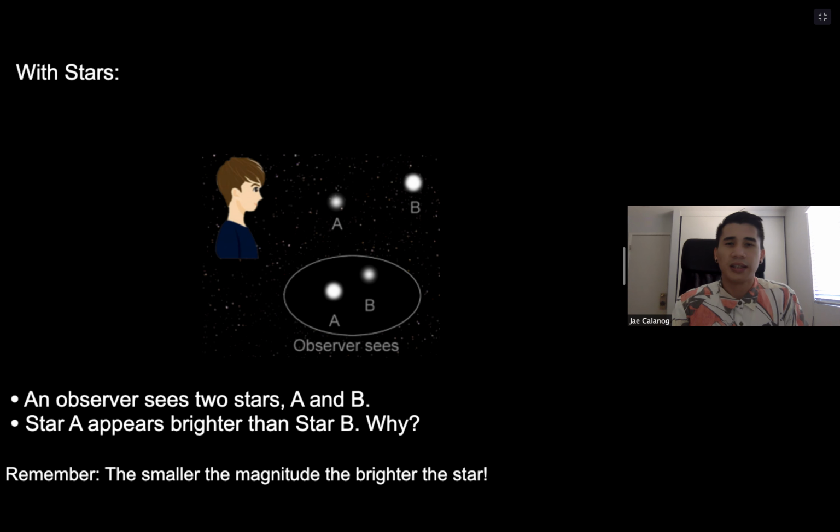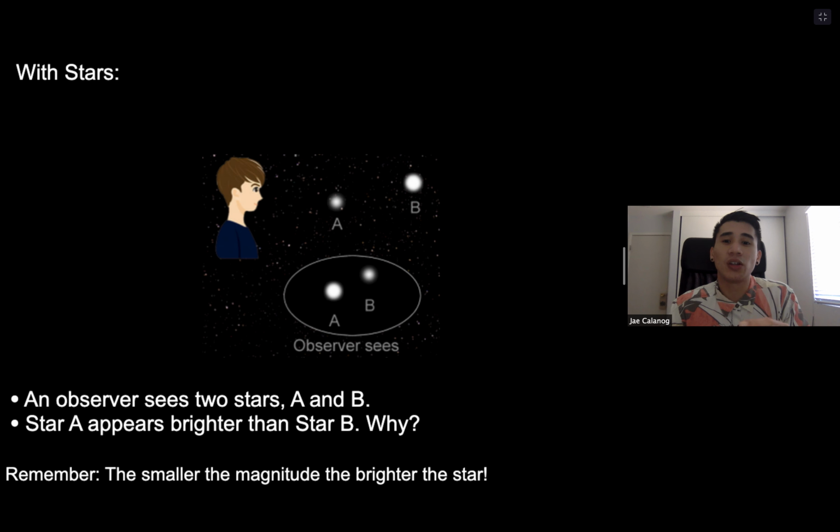All right, so now let's go back to stars here. So now if you look at this observer, so imagine you're this observer seeing these two stars, star A and star B. Star A is actually closer to the observer than star B. So relative to the observer, which is basically the bottom panel right here, the observer will see star A brighter than star B. So in this case, the apparent magnitude of star A will be of a larger number than star B. Well, actually, no, excuse me.